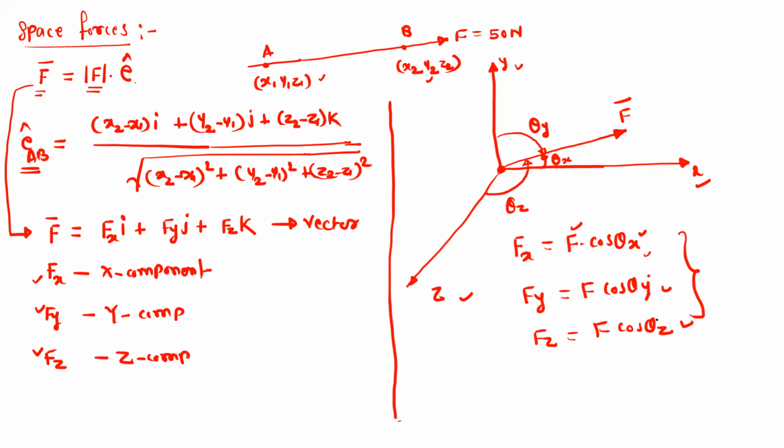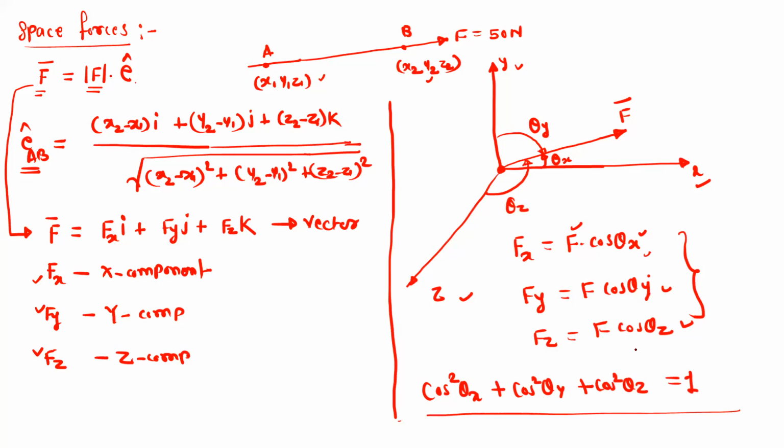This is the three-dimensional identity for the angles: cos square theta x plus cos square theta y plus cos square theta z is equal to 1. So if any two angles are given for that force F bar, we can find the remaining angle by using this identity.